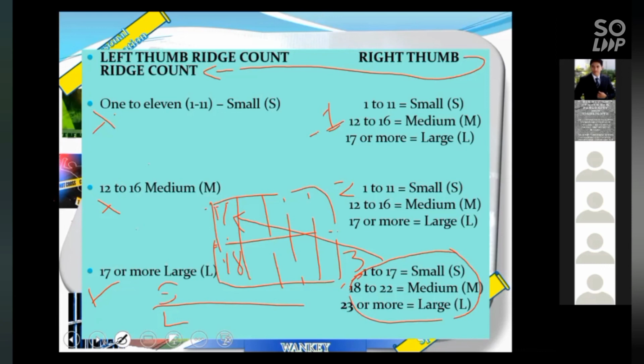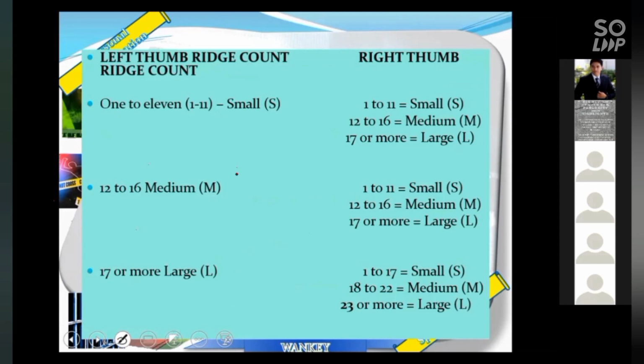Okay, let us repeat. Let me give another example. The right thumb is 11 and the left thumb is 11. 17 or more is large, so it cannot use Formula 3.